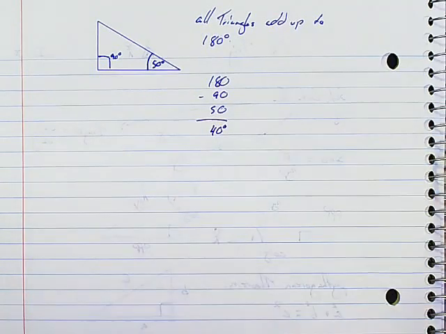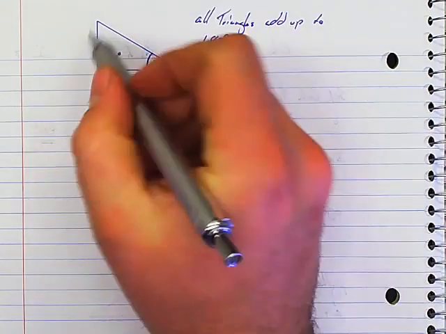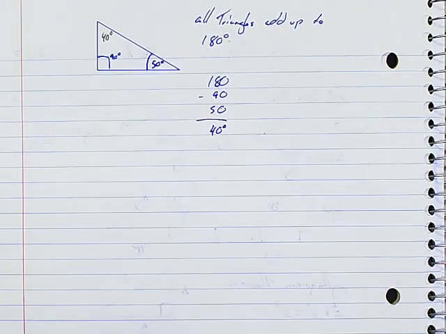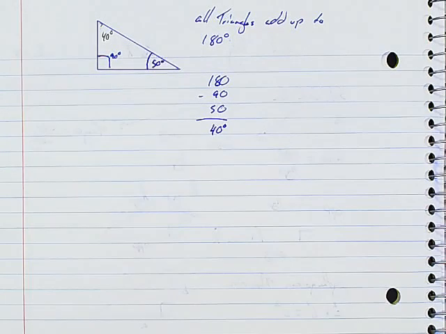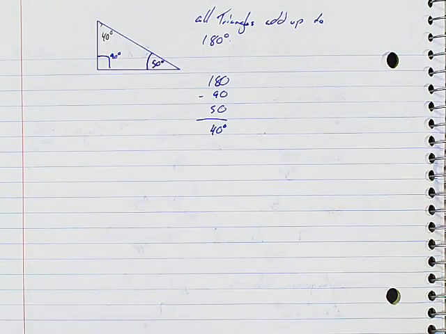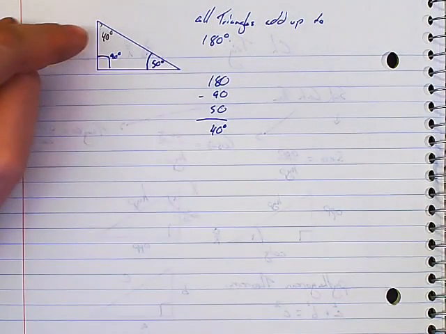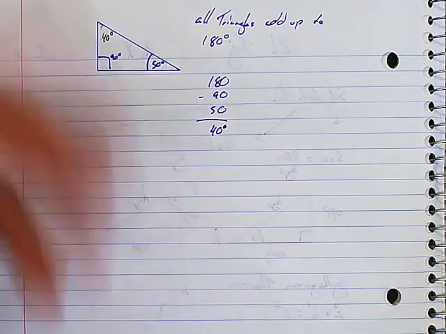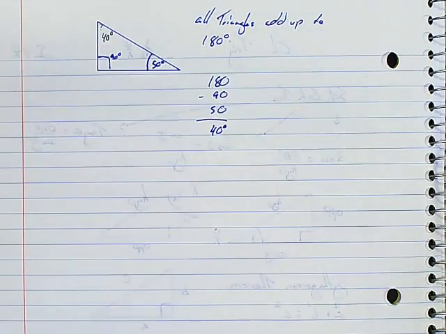Which 180 minus 90 is 90, 90 minus 50 should be 40 degrees. So we know that our top corner up here is going to be 40 degrees. So especially when I ask you guys any sort of trick questions, if there's a missing angle but you know the other two, it's free points just to go up. Simple subtraction.